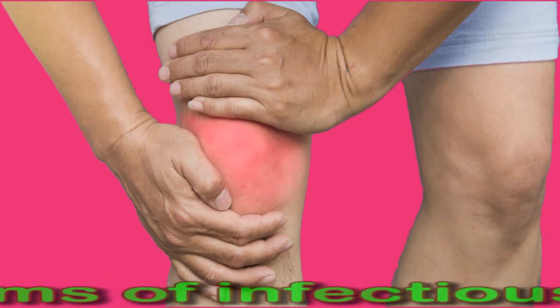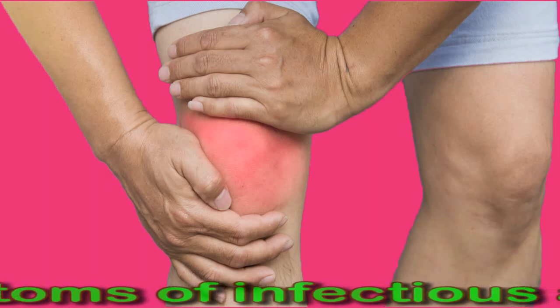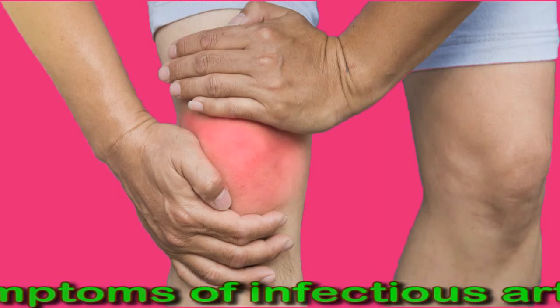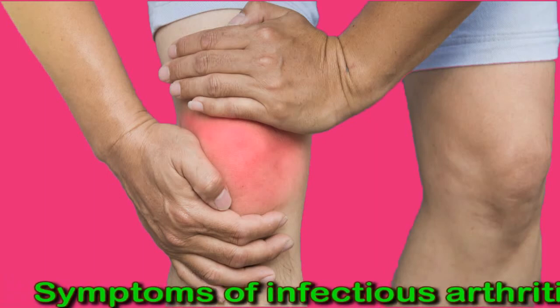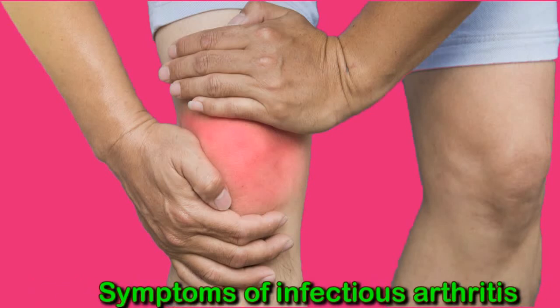Other symptoms of infectious arthritis can include pain that is more significant than in non-infectious inflammatory arthritis, a limited range of motion in the affected joint, redness or erythema, fever, which may be higher than in inflammatory arthritis, fatigue, weakness, changes in appetite, increased irritability, and skin rashes.